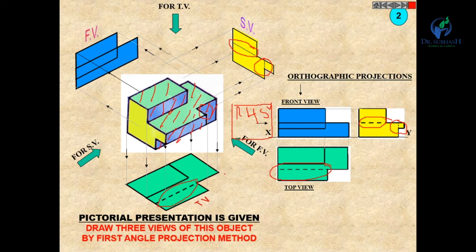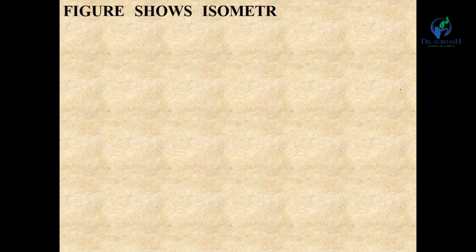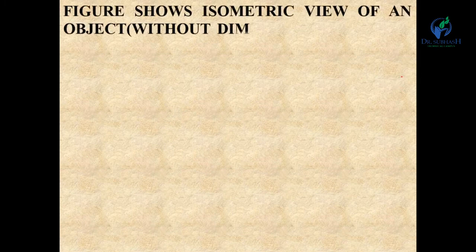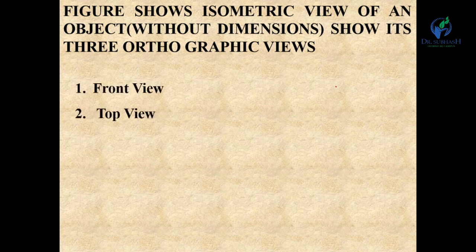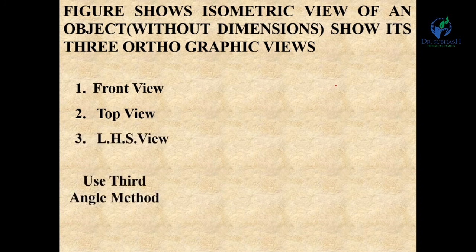Now let us see one more example for the third angle projection method. The figure shows the isometric view of an object without dimensions. Draw three orthographic views: front view, top view, and left hand side view. Use the third angle projection method.